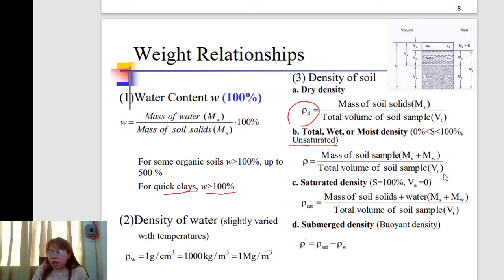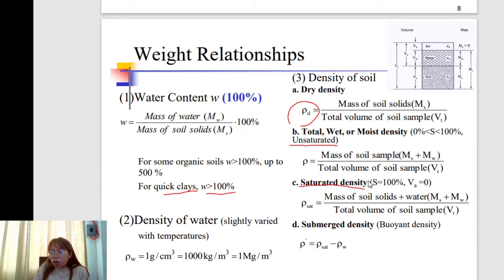T. For saturated density, meaning the degree of saturation is clearly equal to 100%, and your air void is 0.